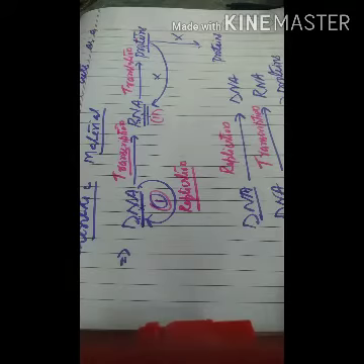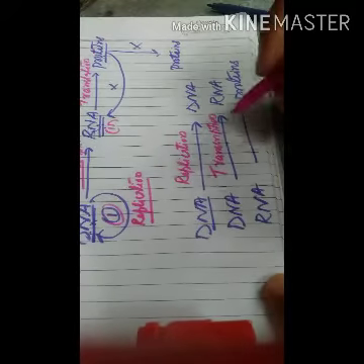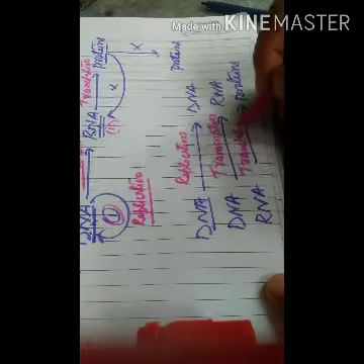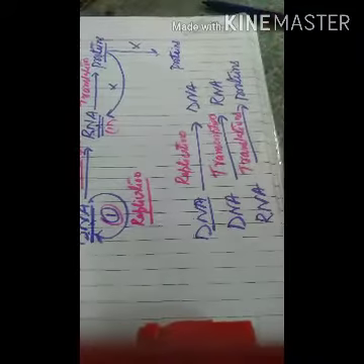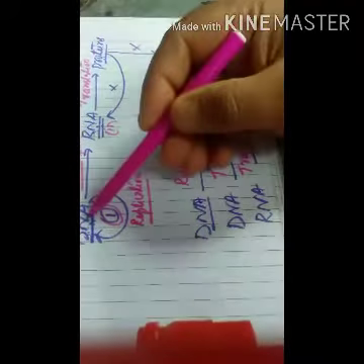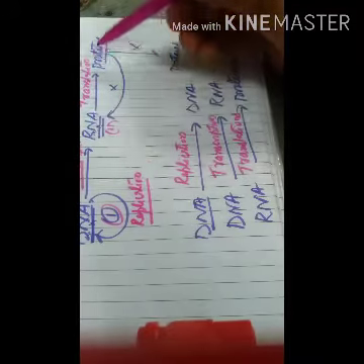Synthesis of proteins from RNA, that is the third process, is known as translation. These are the three important processes involved in the unidirectional flow of information from DNA to RNA and then from RNA to proteins.